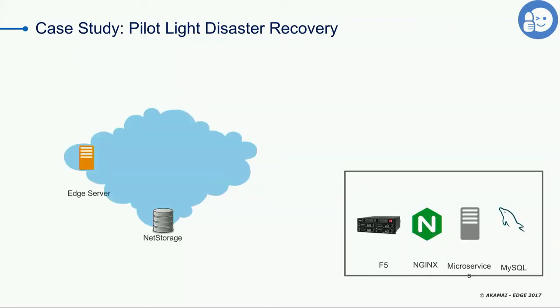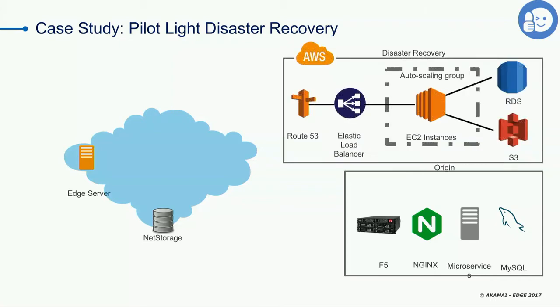Thinking that in mind, I created this example. I have a simple origin. Let's say you have a load balancer, you have Nginx on microservices, and you're using MySQL or some other database. So that's your bare bones, and you're using Akamai. And then your disaster recovery could be in the cloud. Why in the cloud? Well, because if you're doing pilot light, you want something that can scale up.